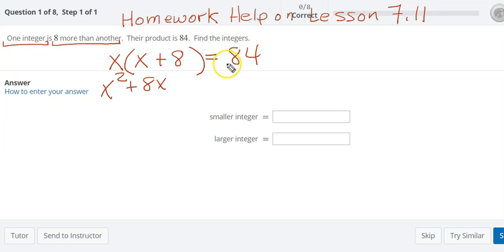And now I'm going to take my 84, transpose it to this side, opposite sign, and that equals 0. So now we have to factor this. And I'm going to pause, as you do also, to see what you get when you factor this.